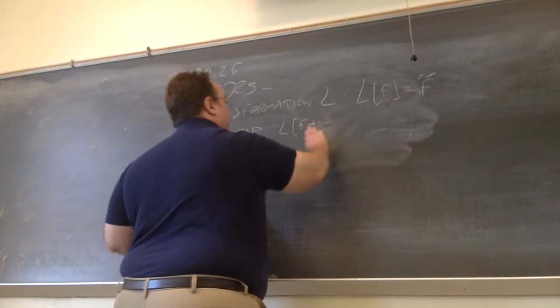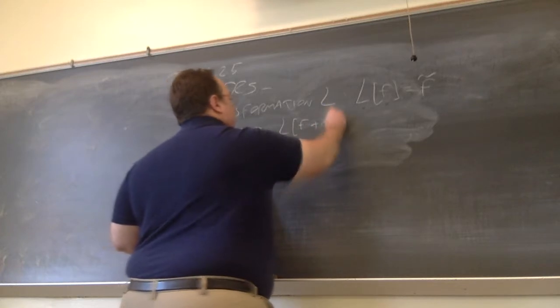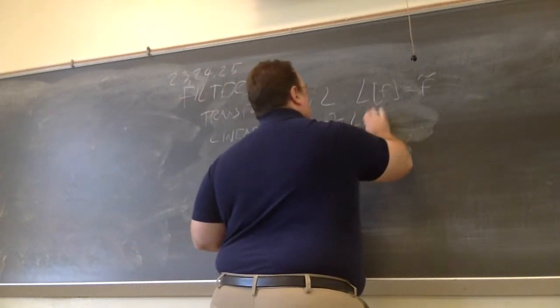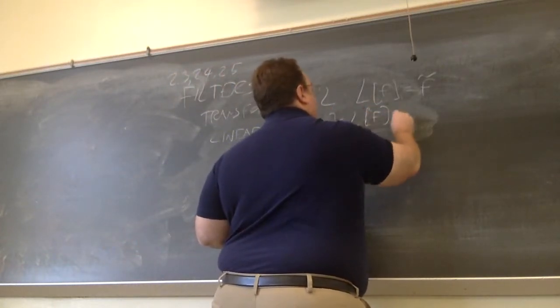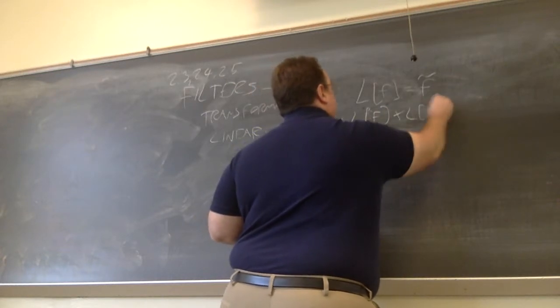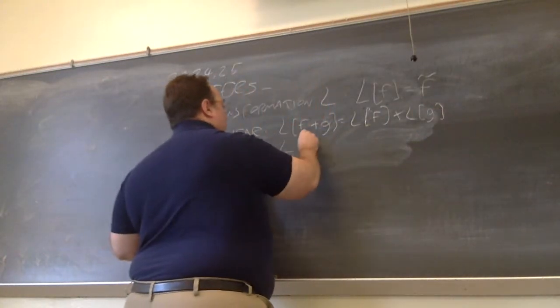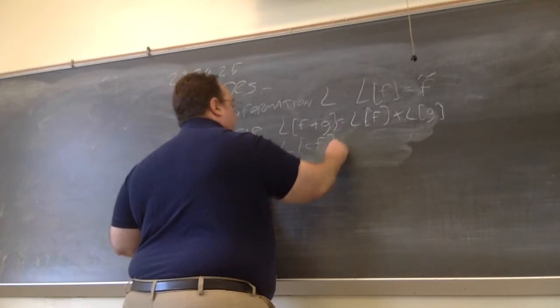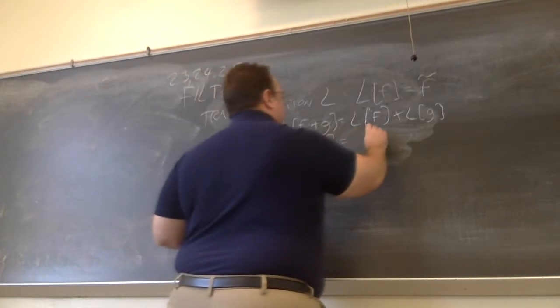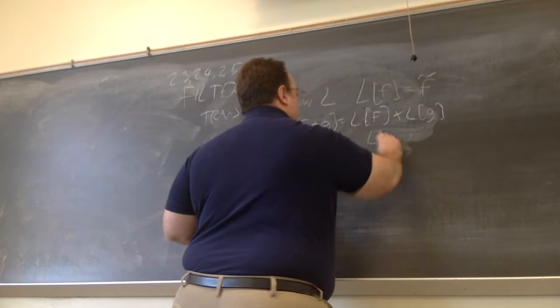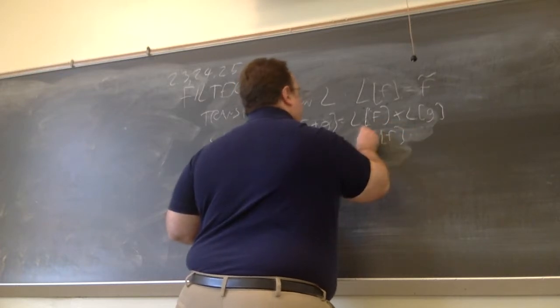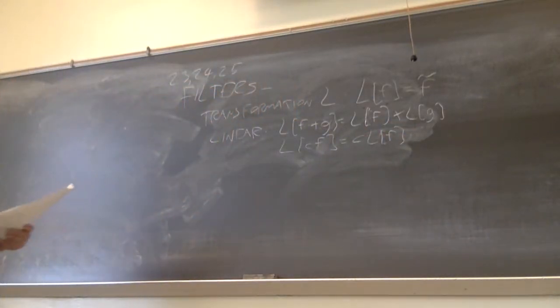So the filter applied to a sum is the same as applying the filter to the functions individually and then adding. Also, scaling a function, then filtering is the same as filtering, then scaling. So everything works out nicely there.